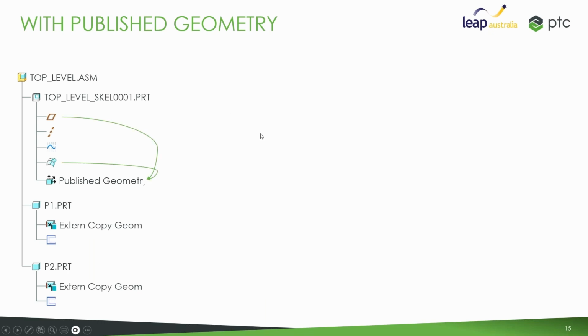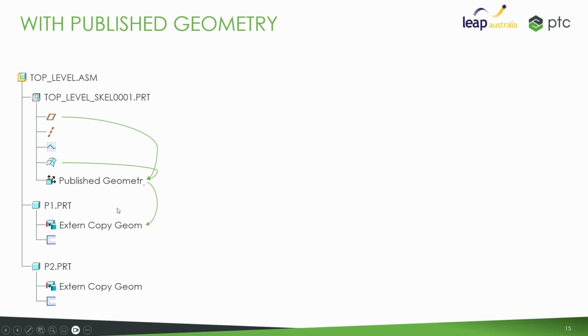So what this basically means is inside of the skeleton part that we create, we can set up sets of references that we want to allow other parts to then pull upon. So when we're in part one, we can then refer back to a published geometry feature rather than all these other individual features. Okay, so if we just follow this through.